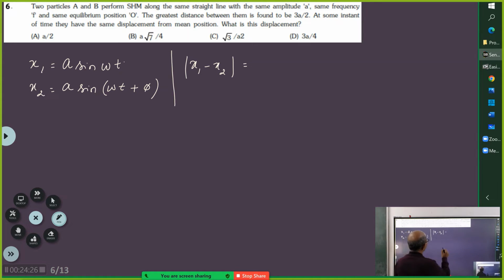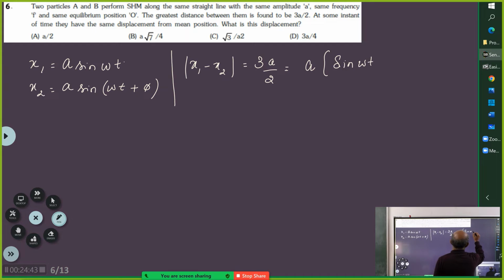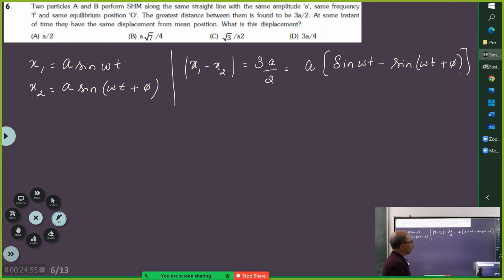So this they have told is equal to 3a by 2, and this is x1 minus x2. So this becomes a into sine of omega t minus sine of omega t plus phi. So sine of A plus B, I hope you know how to handle this.